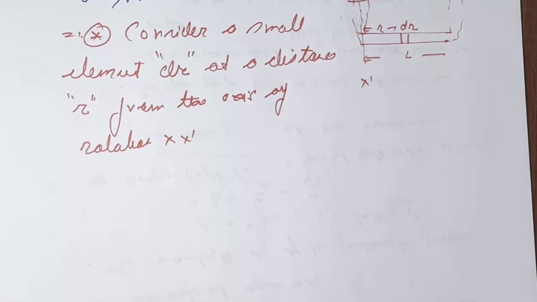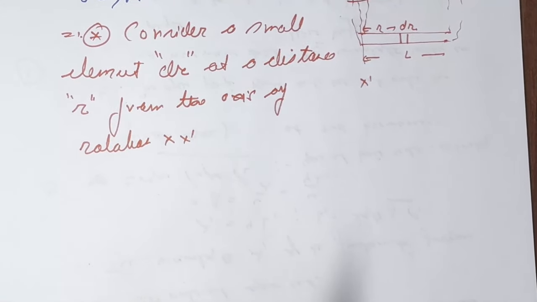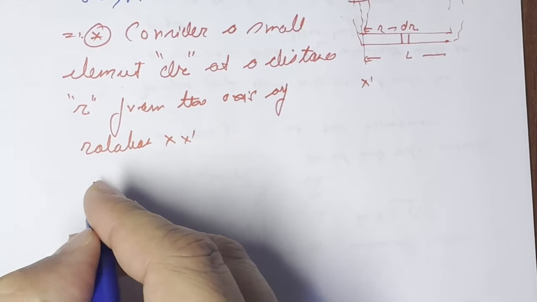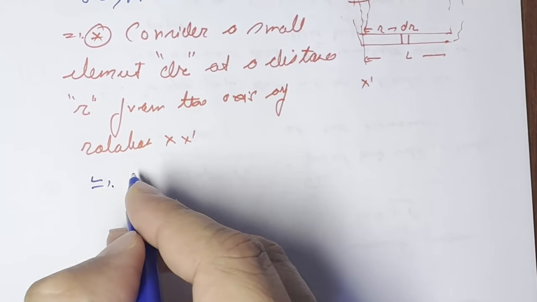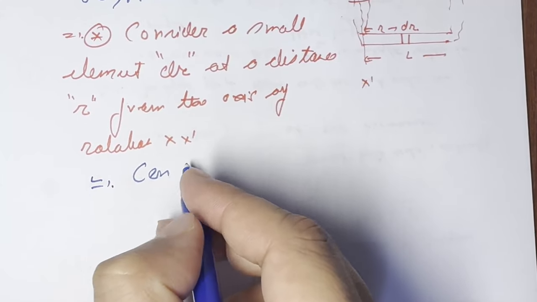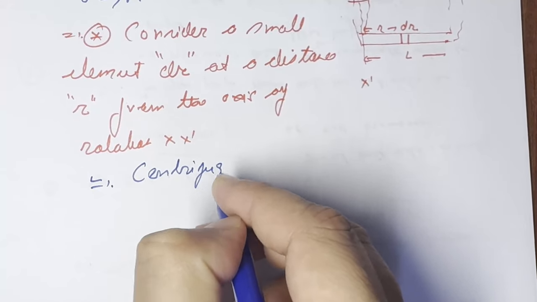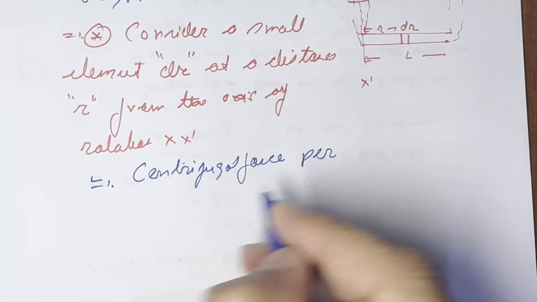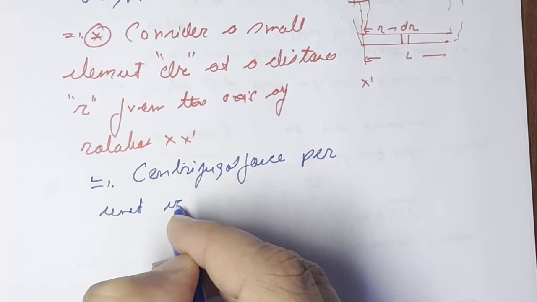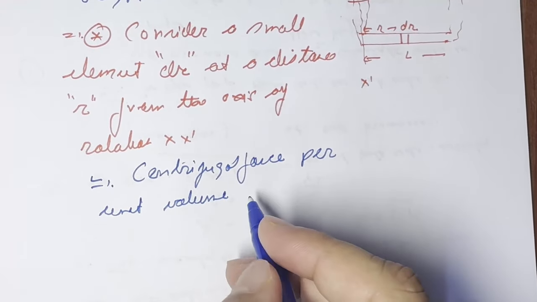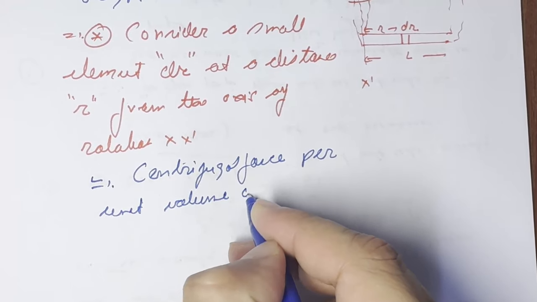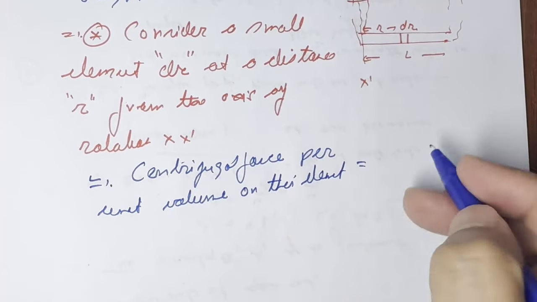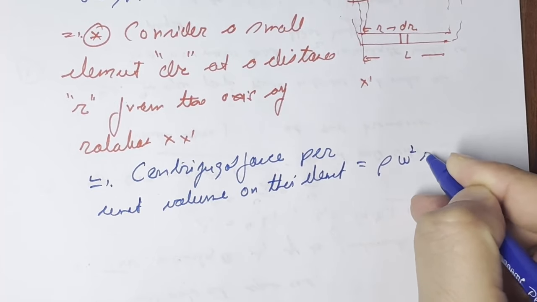So we can find out the centrifugal force per unit volume on this element, and that will be equal to rho omega square multiplied by r.